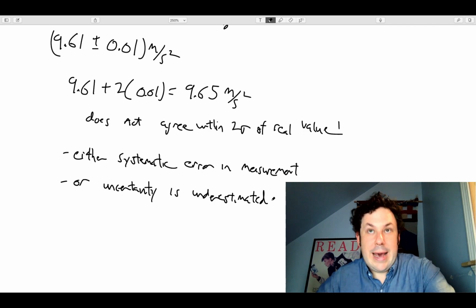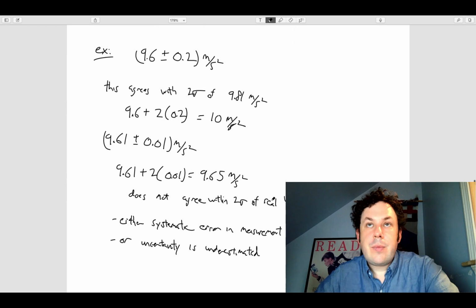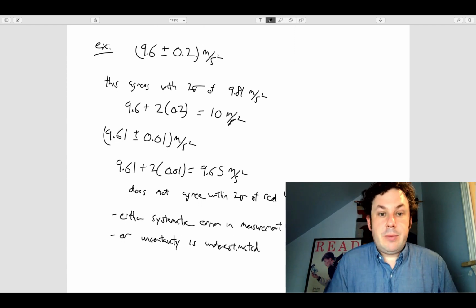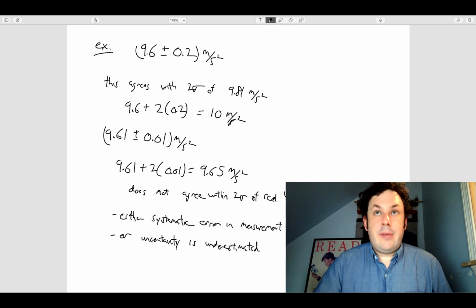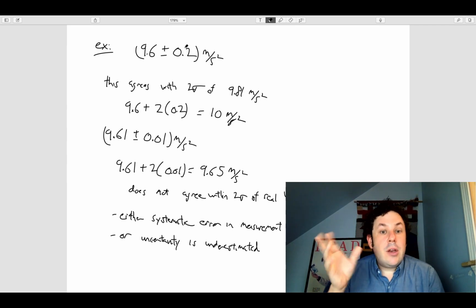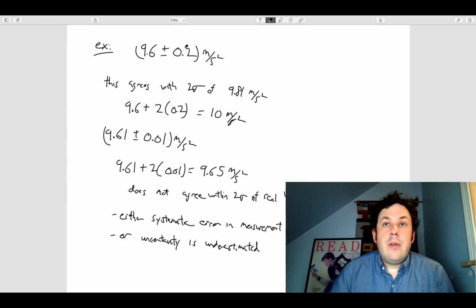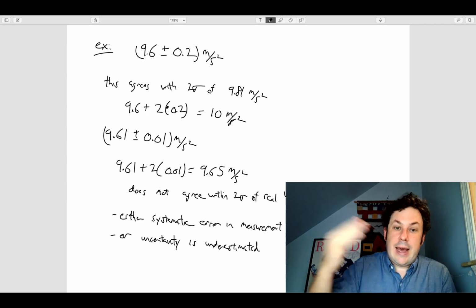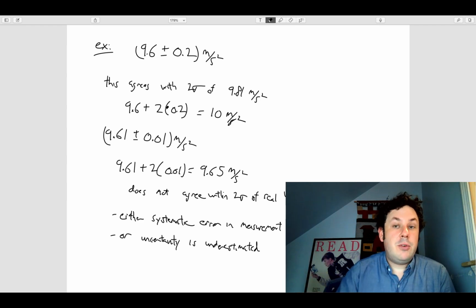So when we're going back, and I'll zoom out a little bit here, whenever you're taking a measurement, you're going to get a measurement. So here it's 9.6, and you have an uncertainty on that measure. And you're going to say, does it agree with the known value? So you're going to take the value, and then you're going to do plus or minus, depending. If it's lower than the actual value, you would just add it. If it's higher, then you just subtract it off.